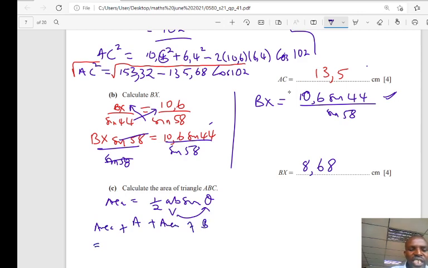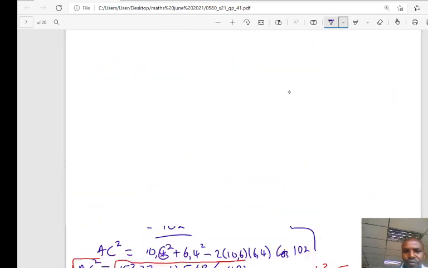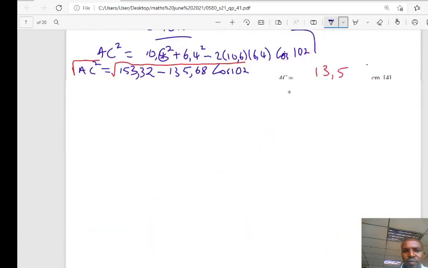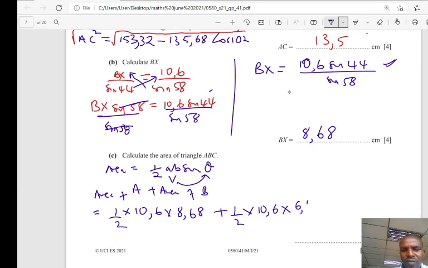Area of shape A using the same formula, half ab sine theta. So it's half times 10.6 times 8.68 times sine 78, plus half times 10.6 times the other one, XC, which is 6.4, times sine 102.